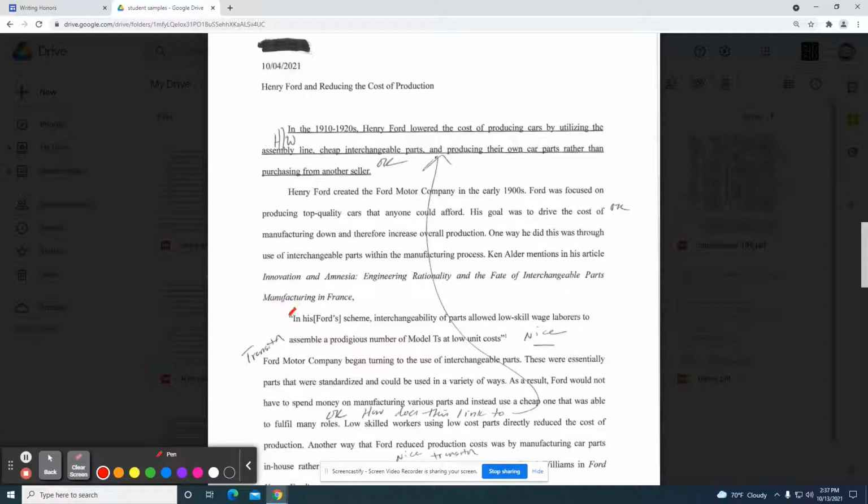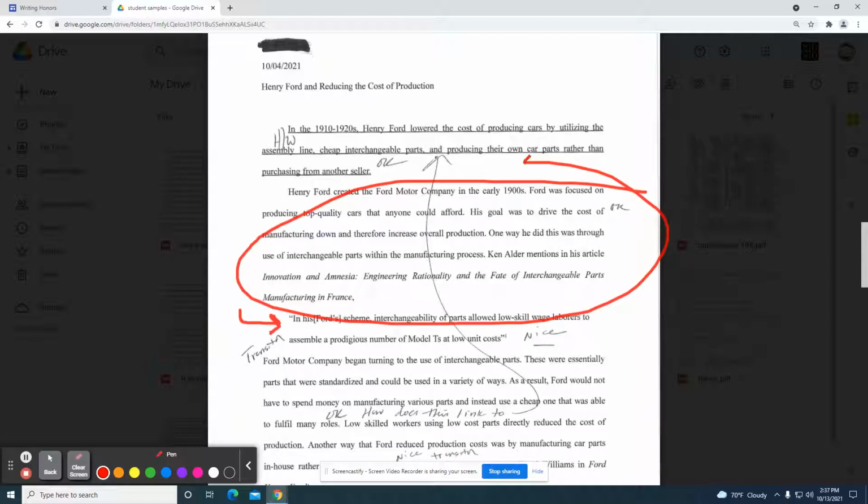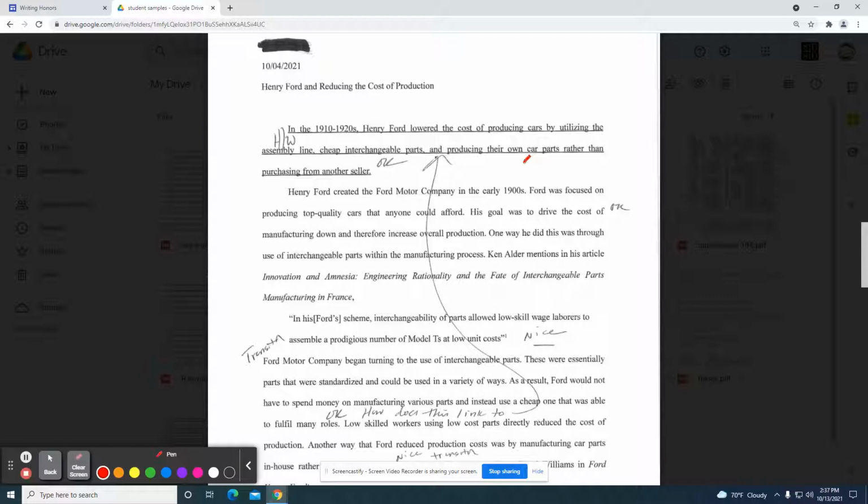My question would then be, well, there's no historic context. If you see an X, that means that there's no historic context that is provided. So the reader is kind of left with this disconnect from the thesis to the first source. So this section right here, you think about it like your topic sentence, a couple sentences maybe that are providing the historic context. But this is going to vary depending on the situation.